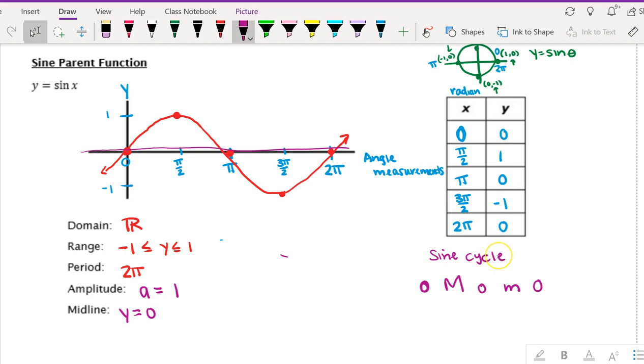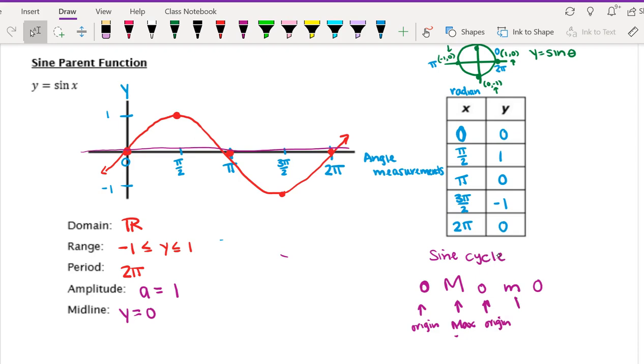So this is origin, then max, then origin, then min, and then origin. And actually, I shouldn't say origin.